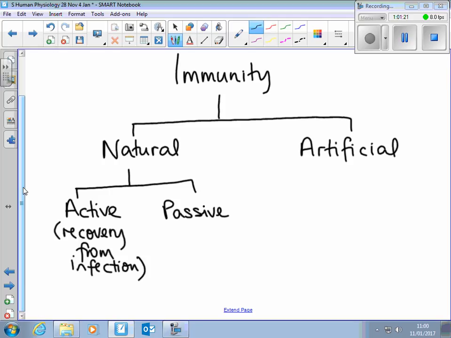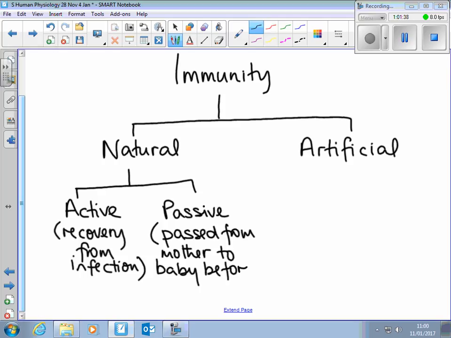So this is passed from mother to baby before birth. And there's an obvious benefit there, you know, that you want to protect newborn babies.